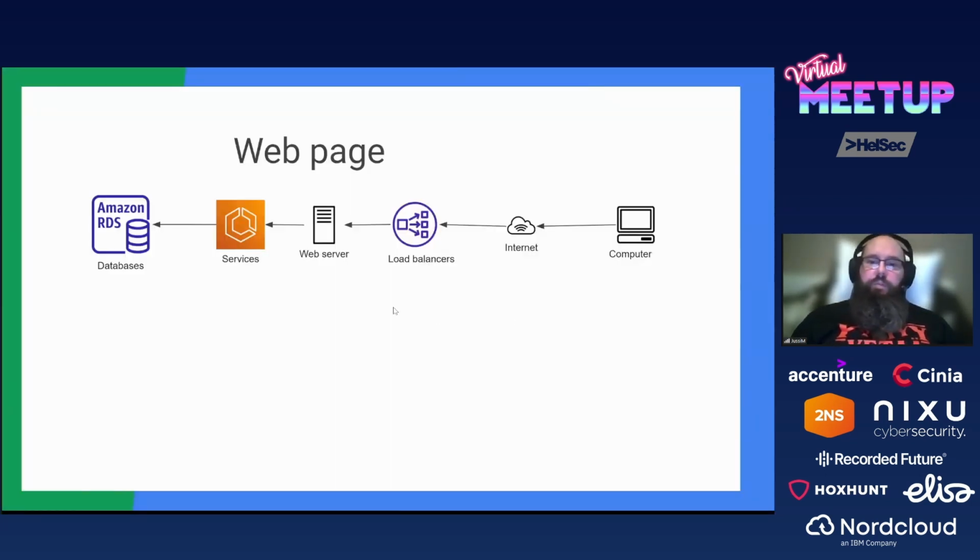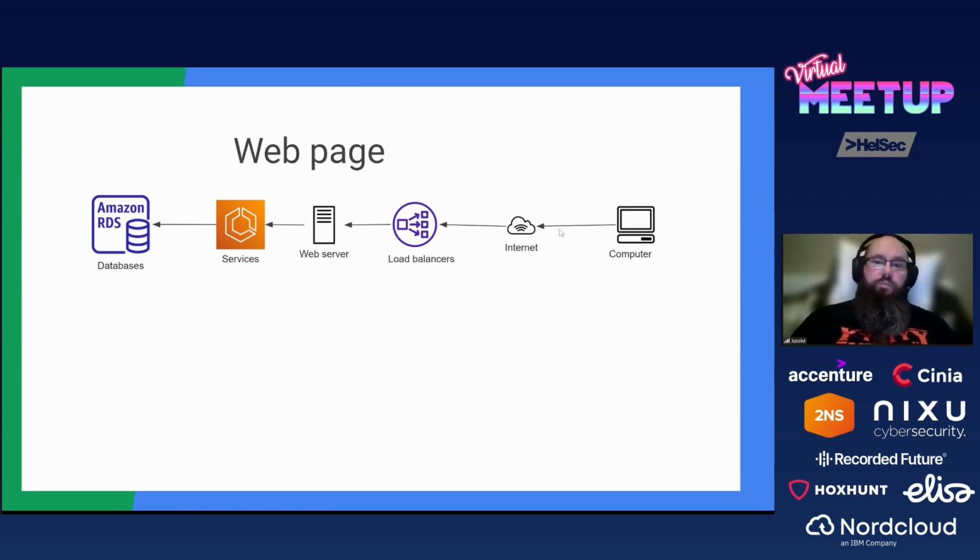So as I promised, this is not super technical. Here is how a web page works: you open your computer, you open your browser, you type in, for example, mybank.com, and your computer makes the magic. It resolves where this service is, and it creates a request that the user wants the front page.